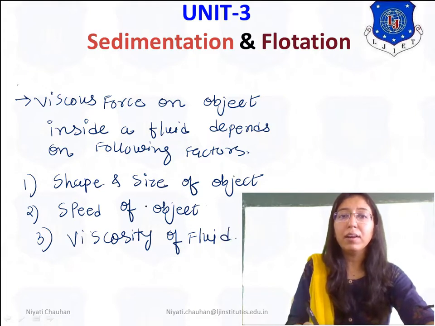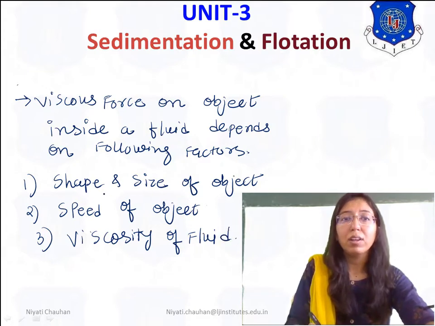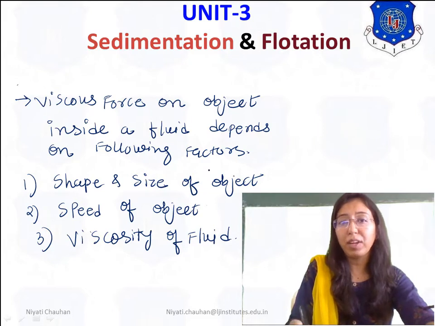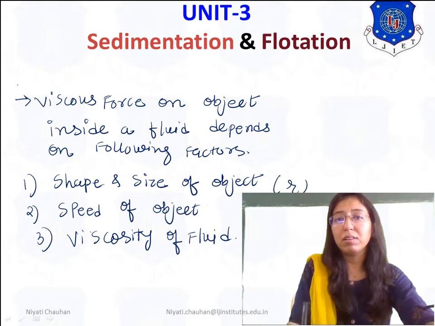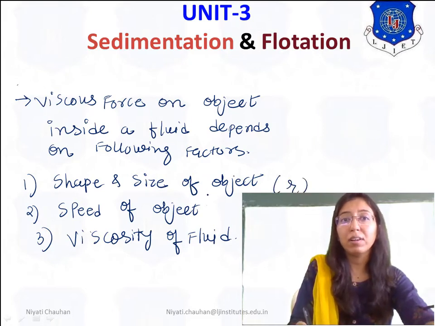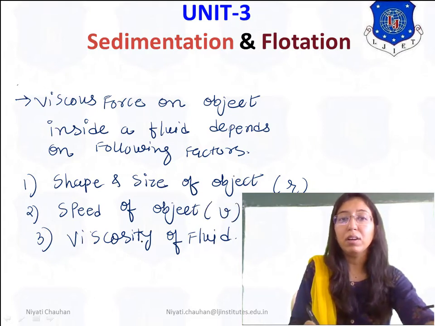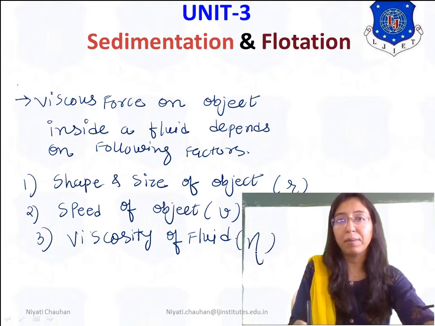Here we can say that shape and size of object can be represented by radius r, speed of object by velocity v, and viscosity of fluid by eta.